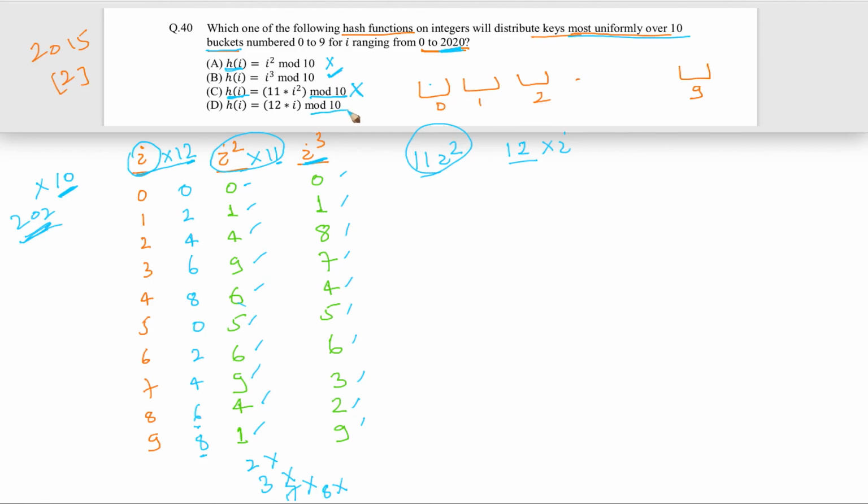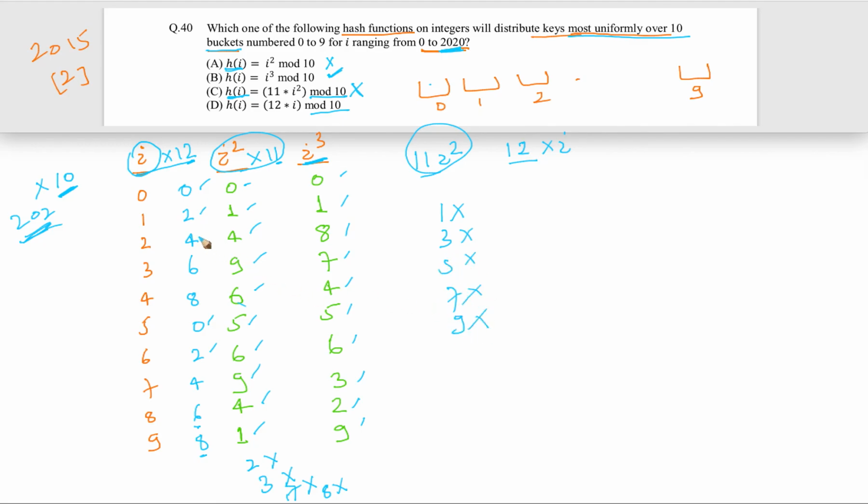Now again we are taking mod 10, so we are just interested in the last digit, but here also we see that the distribution is not uniform. 0 is there, 1 is not there, 2 is there, 3 is not there, and similarly 5, 7 and 9 are not there.